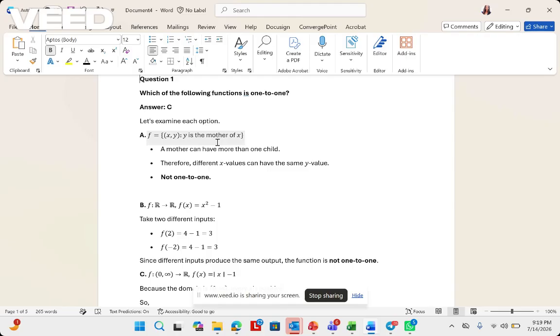So we can say that different values of x can have the same y value because y is the mother of x. ከተባልን we cannot be sure አንድ ልጅ ብቻ እንዳላት in case of our function ማለት ነው. So it is not one to one.